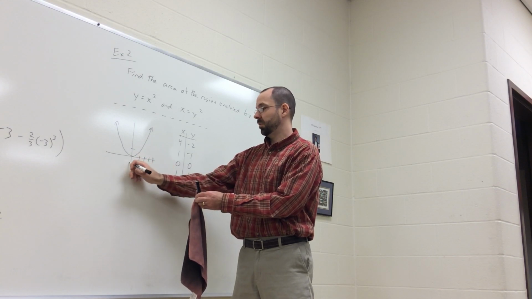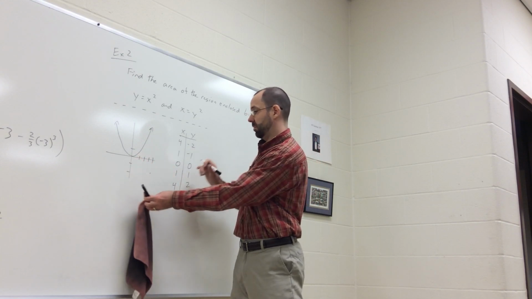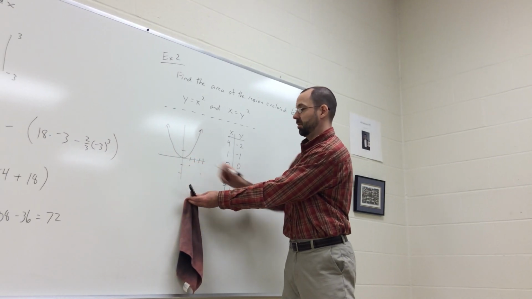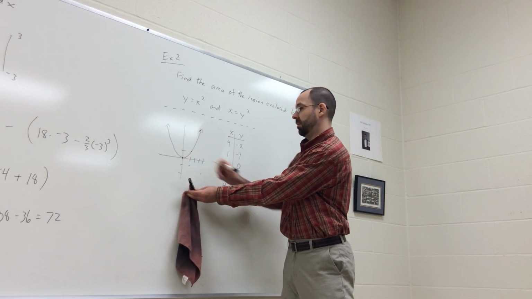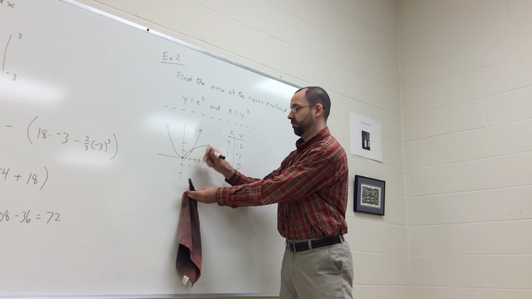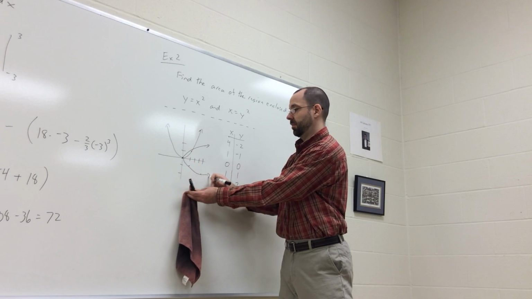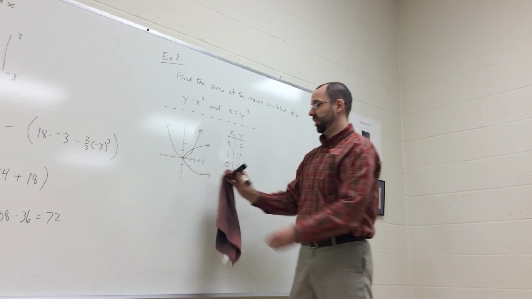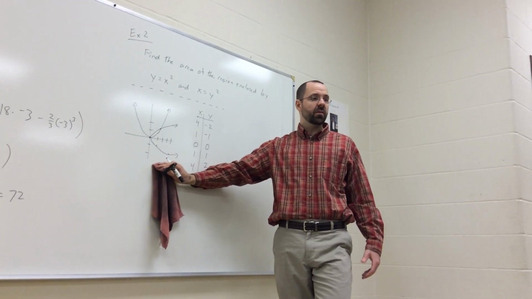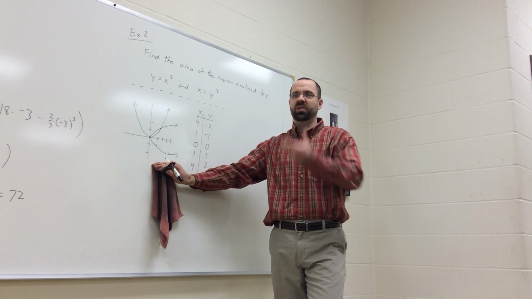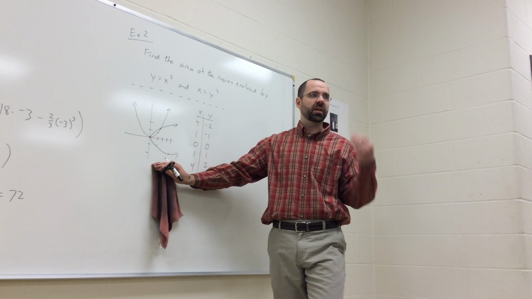So 4, -2, 1, -1, 0, 0, 1, 1, and 4, 2. So it ends up being a sideways parabola, which isn't surprising because if y equals x squared is a right side up parabola, x equals y squared should be a sideways parabola, right?